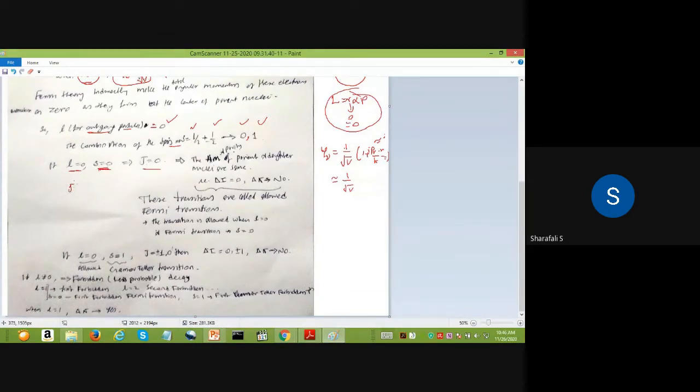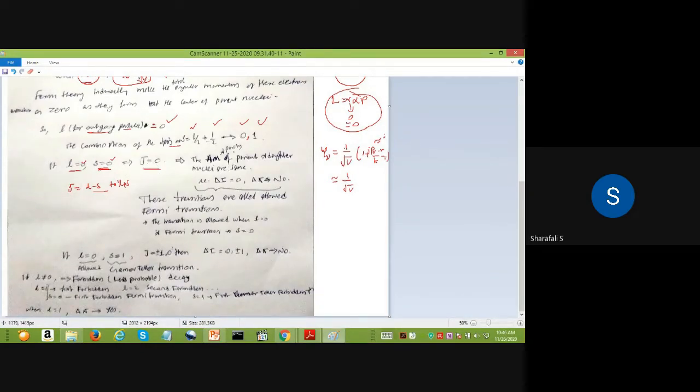J varies from L minus S to L plus S. So we get J equal to 0 for both L equal to 0 and S equal to 0.